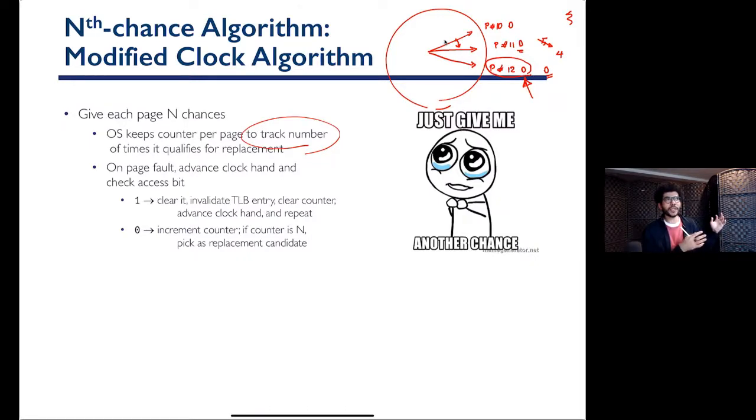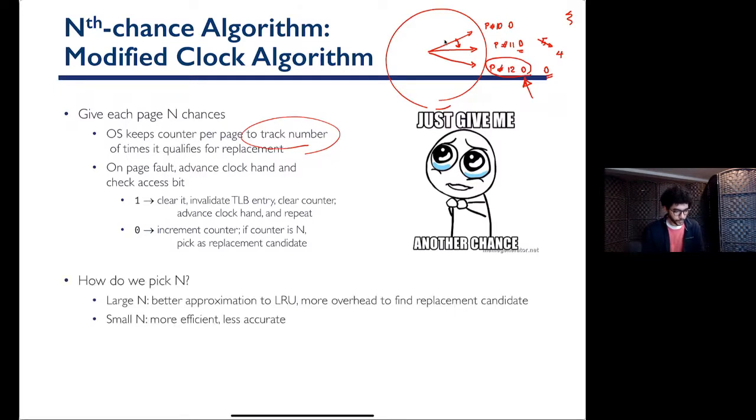Those who have been accessed last time, those who haven't been accessed one time but were accessed previously, those who haven't been accessed 3 times in a row, those who haven't been accessed 4 times in a row, and those who haven't been accessed 5 times in a row. And then we can just pick the victim from those who haven't been accessed 5 times in a row. So that's the nth chance algorithm.